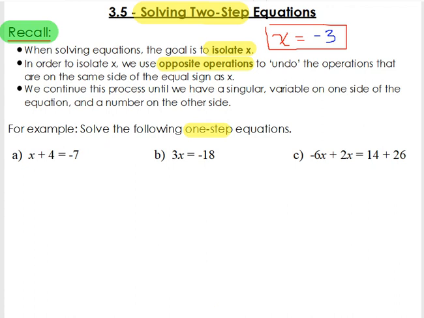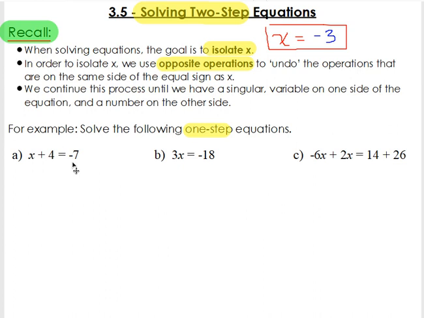Let's have a look here. We have x plus 4 equals -7. Now, I know that you know a clever way to do this. Yes, we could probably already know what the answer is, and that's great.